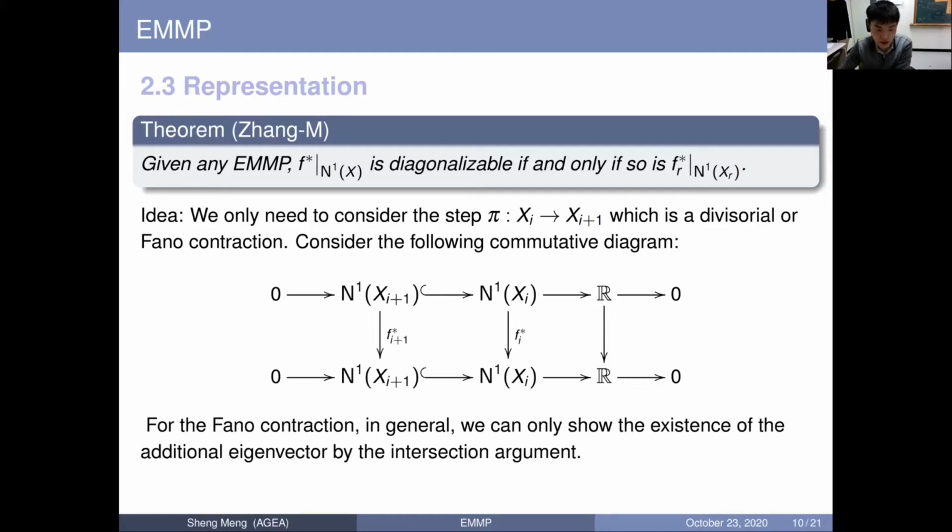However, for the Fano contraction, we don't know how to find the eigenvector. We can only show the existence, and we know nothing about the property of this eigenvector. And the proof is by using multilinear algebra and an intersection argument. Okay, so this is roughly the introduction to the EMMP. Do you have any question?